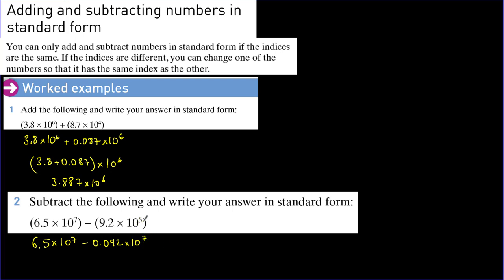Again, when I increase the power of 10 here, I'm going to move the decimal point 2 units left, and I'm going to get the power 7. Now the powers are the same. I can collect the common powers together, which is times 10 to the power of 7, and 6.5 minus 0.092, it has to be.